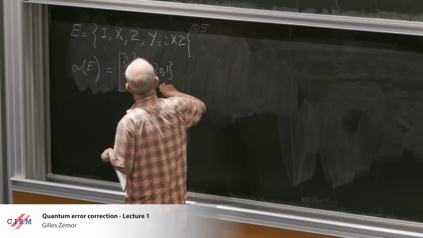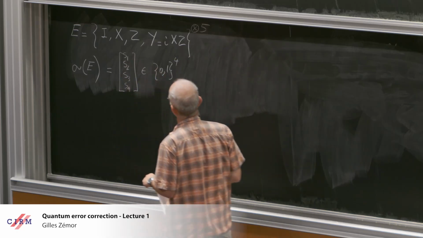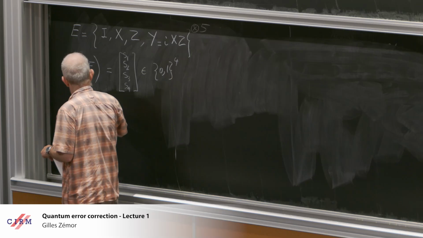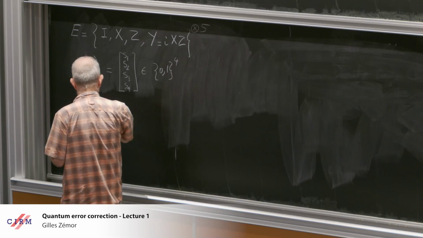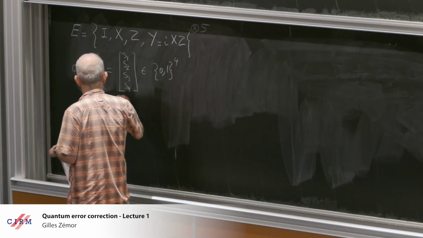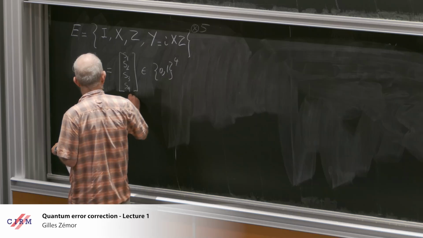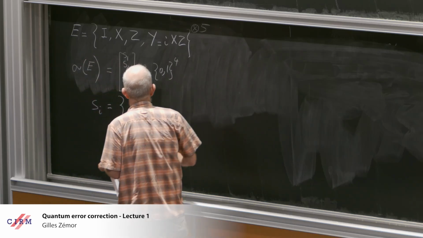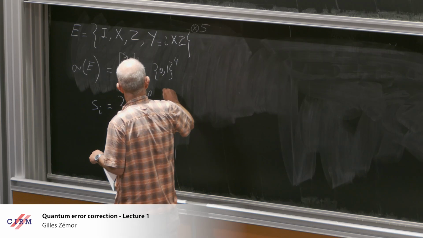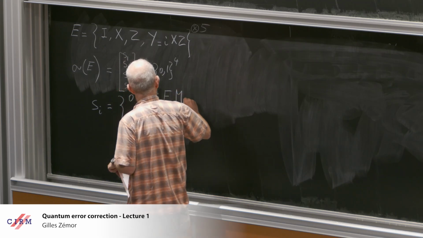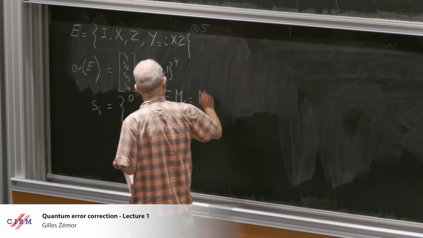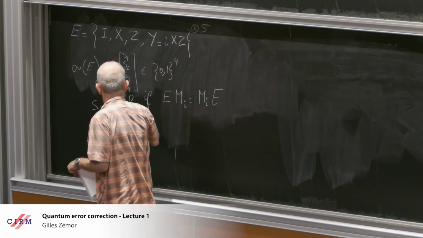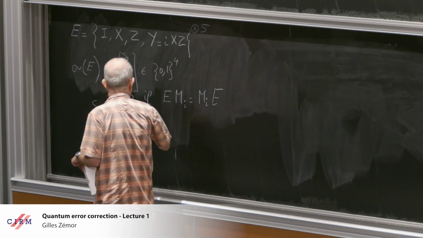So this belongs to {0,1}^4. And how is Si defined? Si is going to be equal to 0 if E and Mi commute, and 1 if they anti-commute.